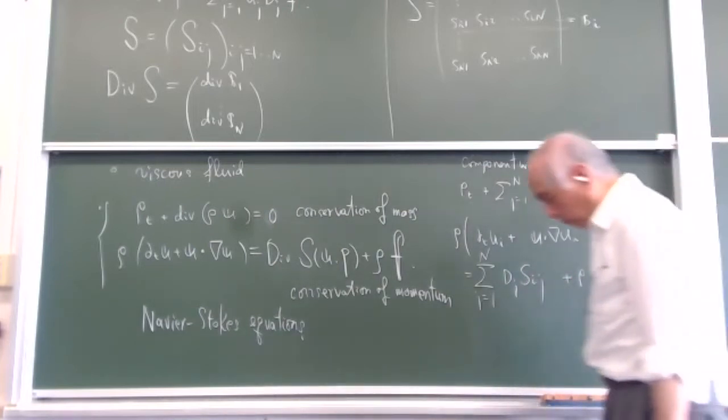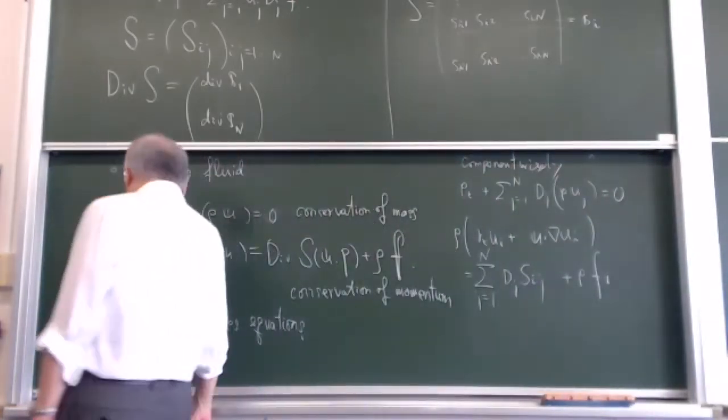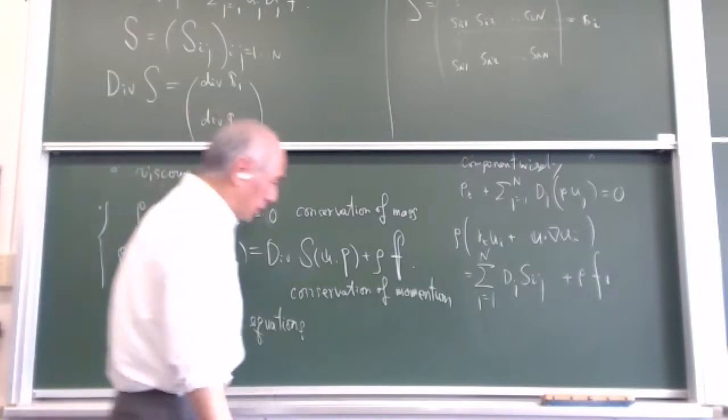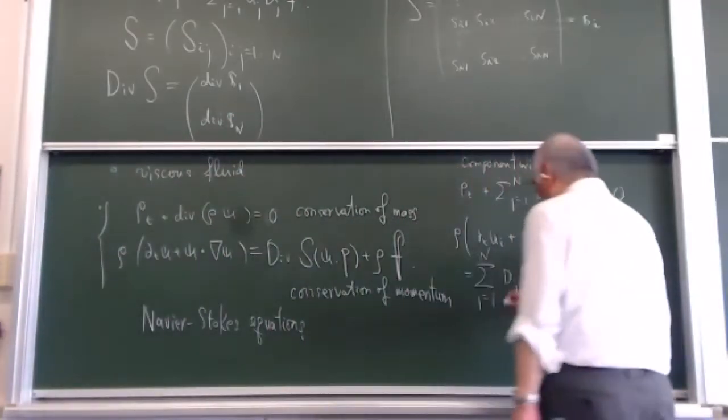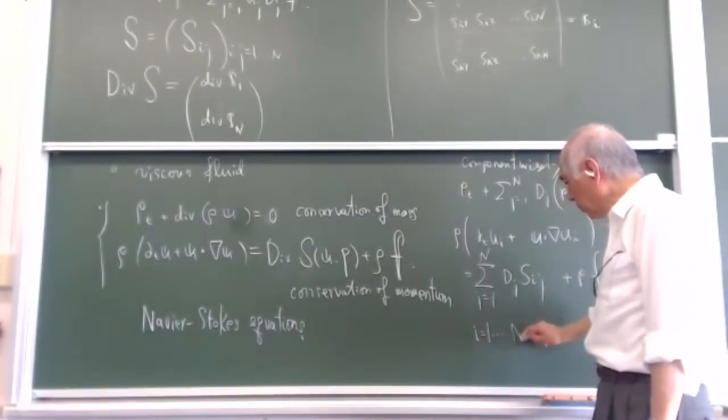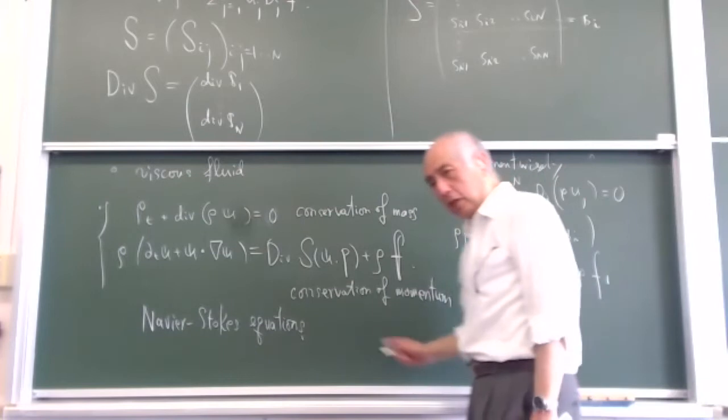This is a component-wise description of the system of equations. If you hear this lecture for the first time, maybe the notations are very complicated. No problem. This equation is a long-standing one, therefore no problem.